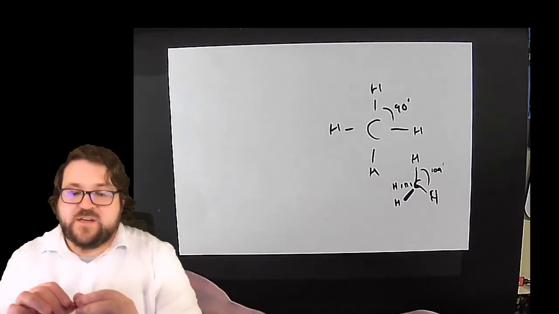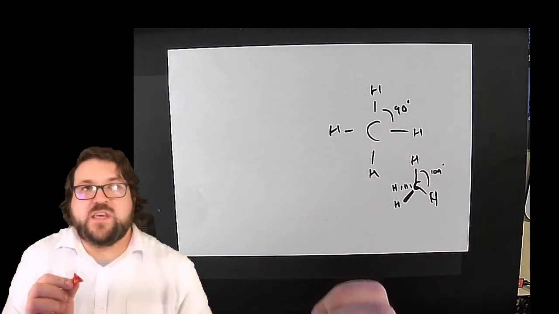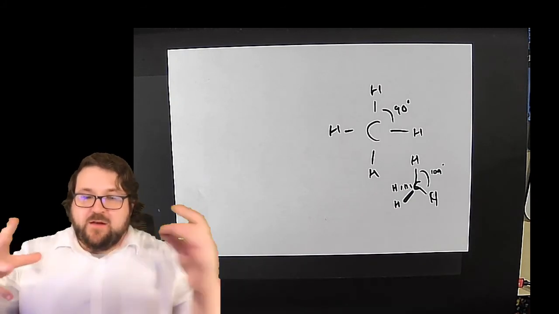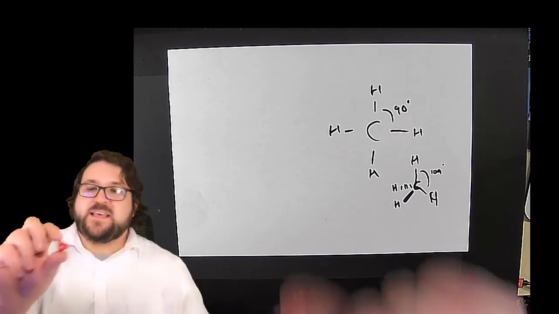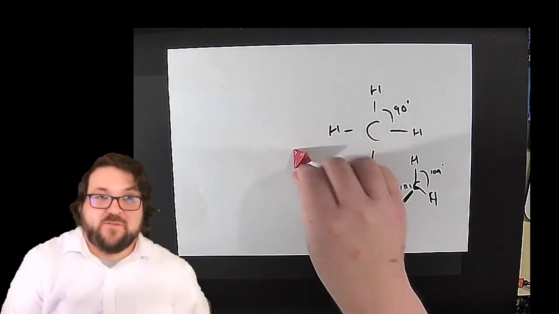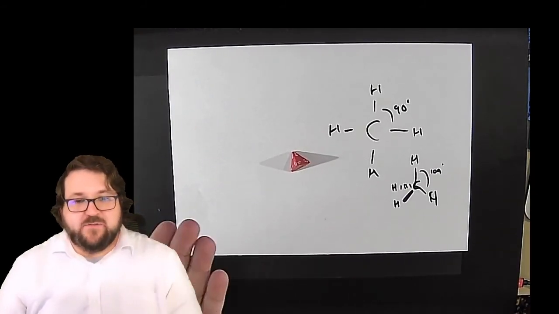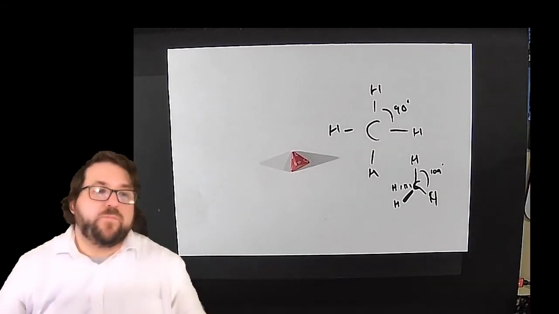The difference between a trigonal pyramid and a tetrahedron is sort of the difference between a cuboid and a cube. A cuboid can have rectangular faces. A cube has to be square faces. The same's true for this. A tetrahedron has to have equilateral triangle faces, whereas a trigonal pyramid has to have a trigonal bottom, and then it can have triangles of any shape for the sides if you want.